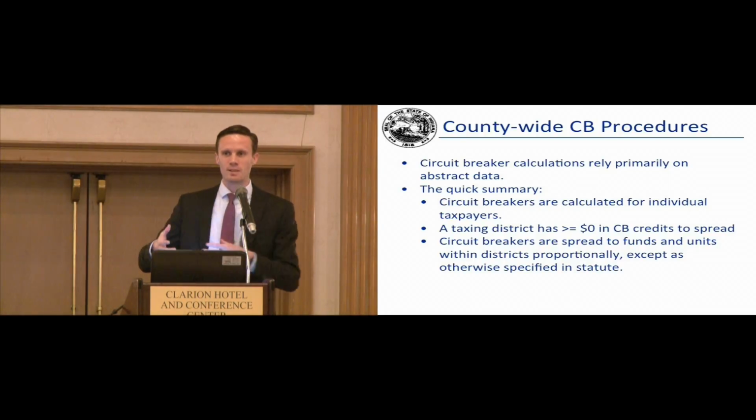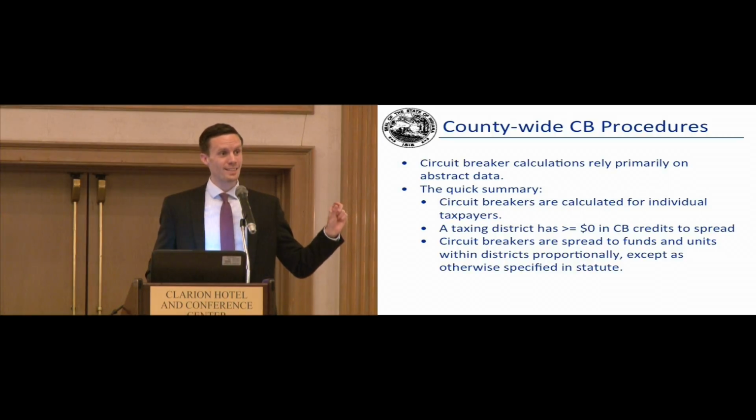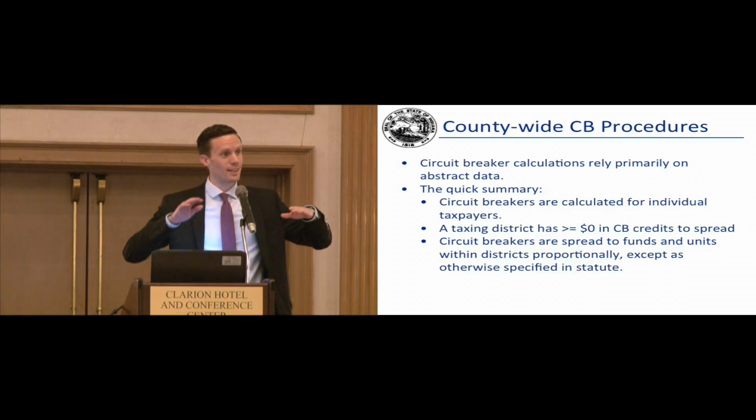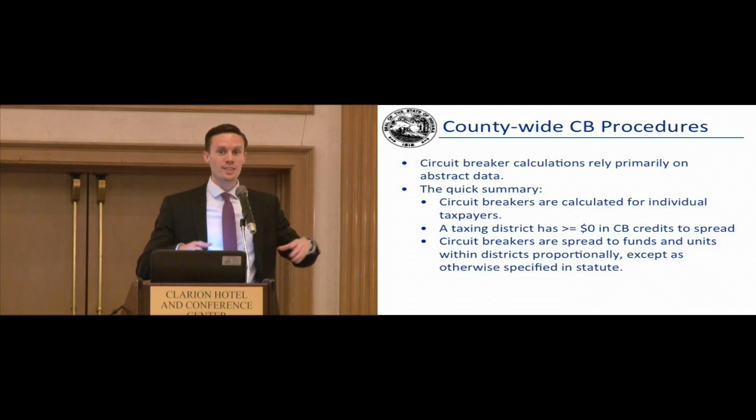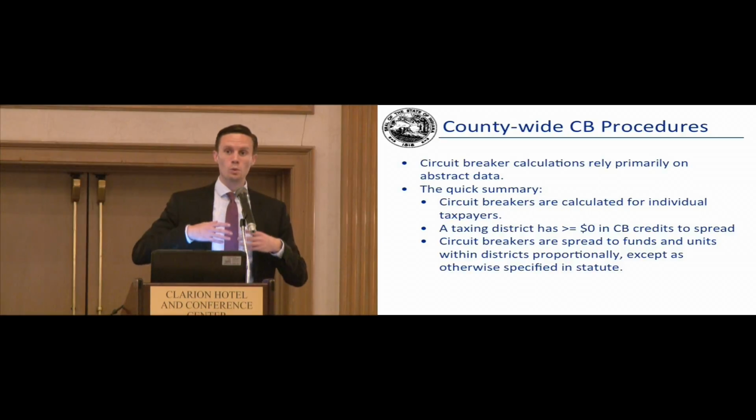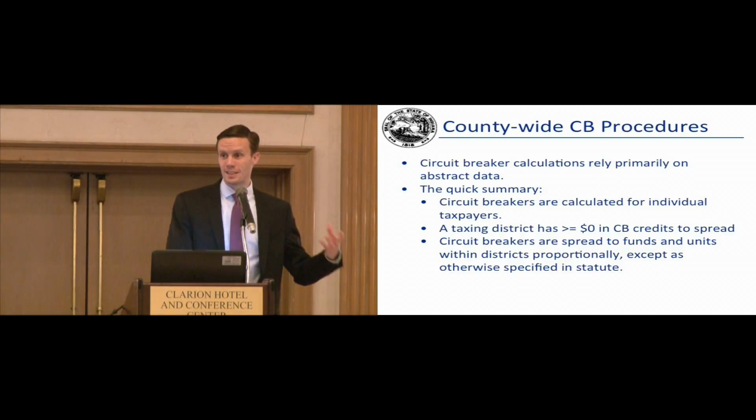The abstract, if you think about it, is just a new way of displaying tax bill data alongside fund and spending data or levy data for taxing units. So within any individual taxing district, they're going to have somewhere between $0 and theoretically infinity dollars that needs to be spread to the funds within that taxing district. And so that's what we're going to be walking through, is how that spread to the funds actually occurs.